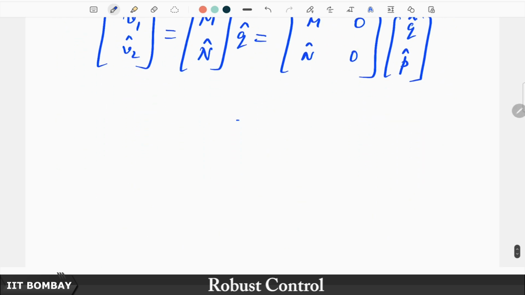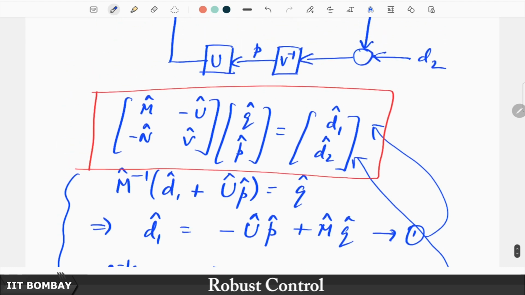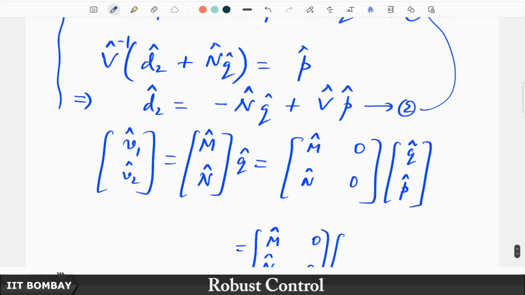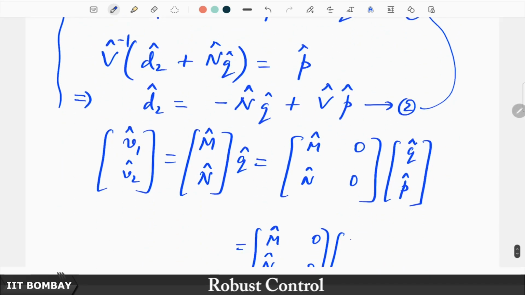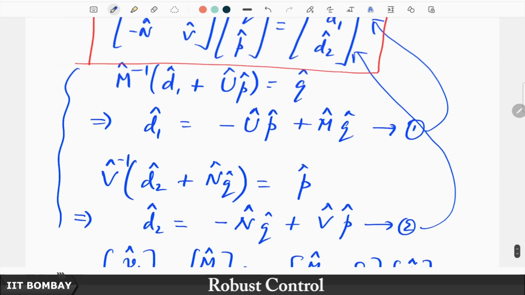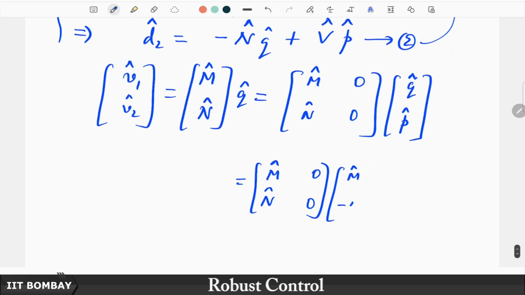We get the fact that this is [M hat, N hat, 0, 0] times what is Q hat and P hat? That is nothing but the inverse of this fellow. So it is [M hat, minus N hat; minus U hat and V hat] times [D1 hat; D2 hat].